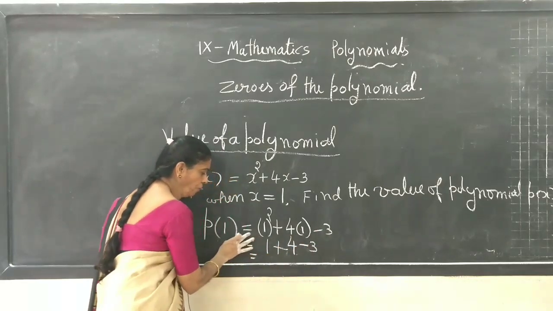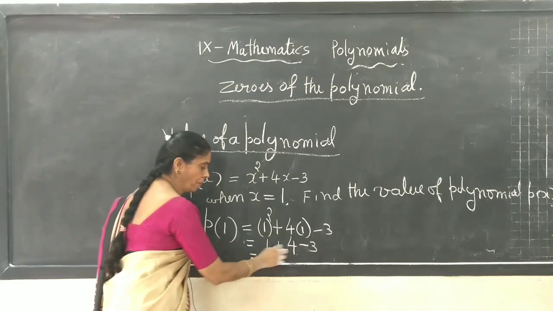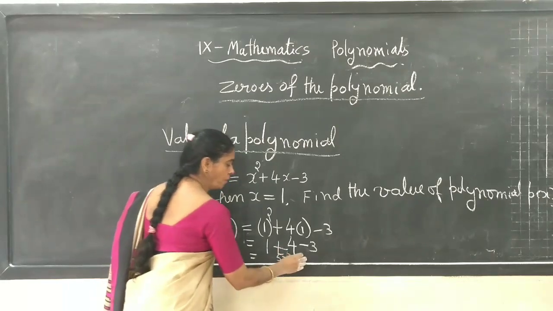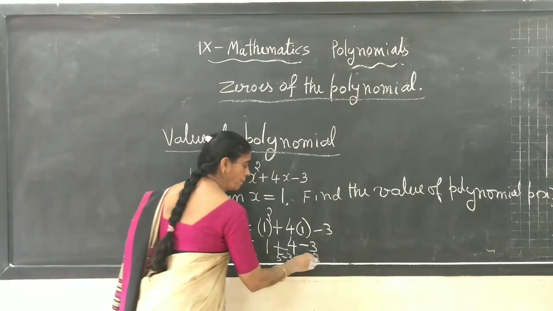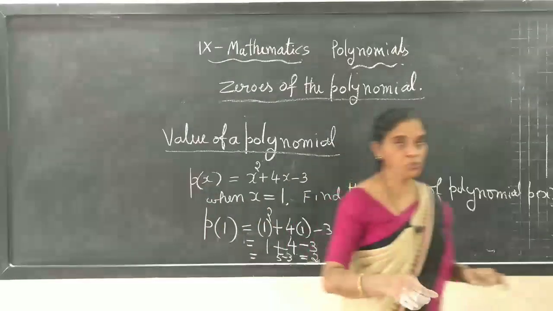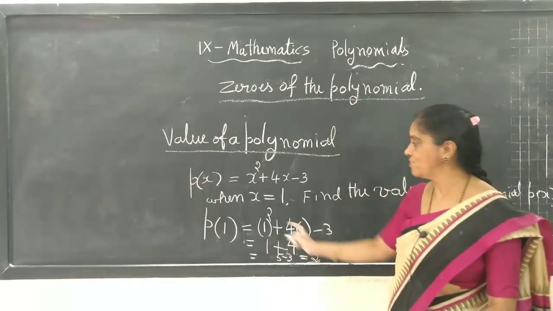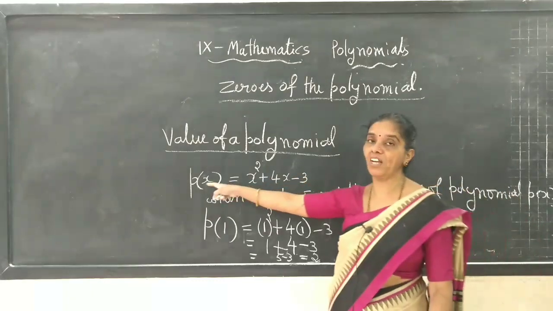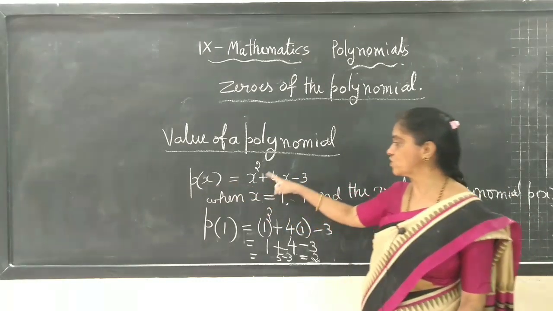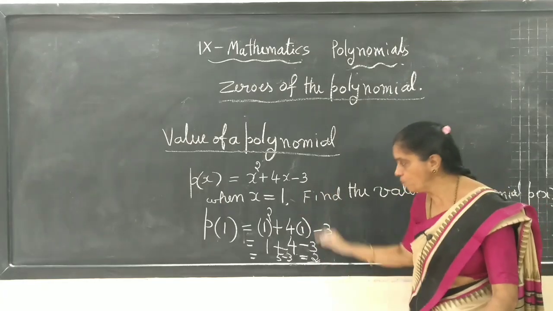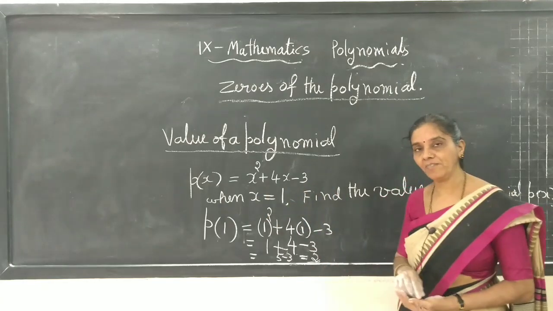All positive numbers added, 4 plus 1 is plus 5, minus 3. One positive number and one negative number, so the difference is 2 and the bigger number is plus. So 5 minus 3 is 2. Hence the value of the polynomial p(x), which is x square plus 4x minus 3, is 2 when x is equal to 1.